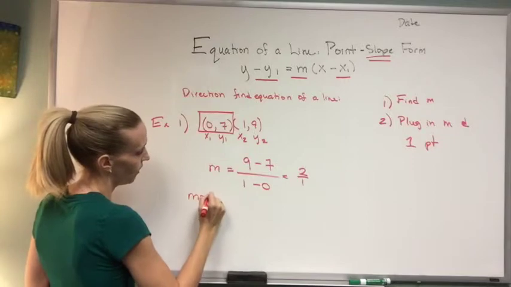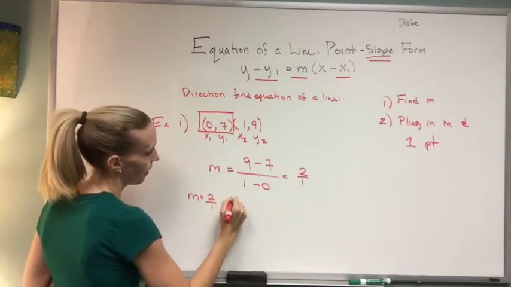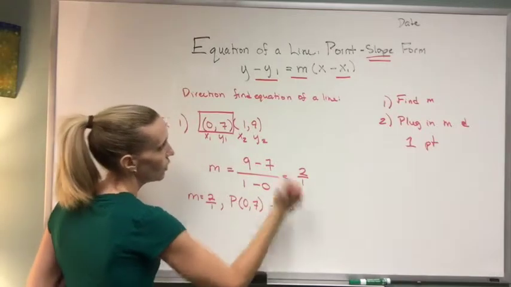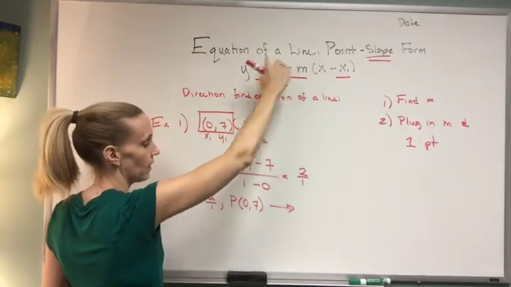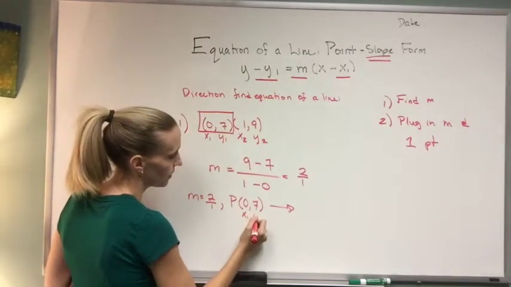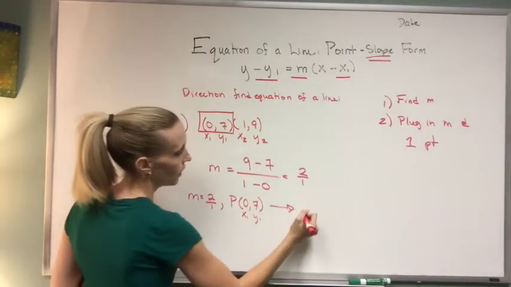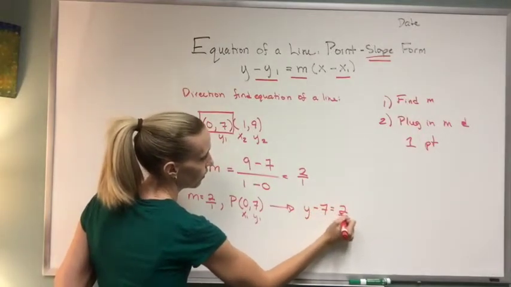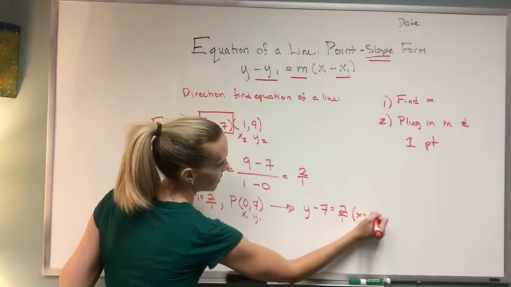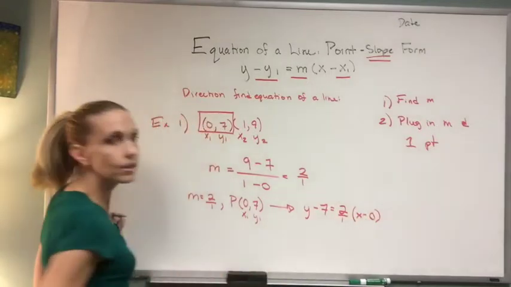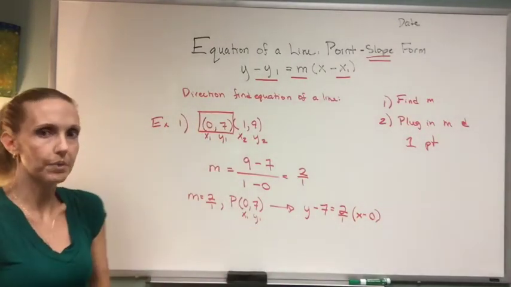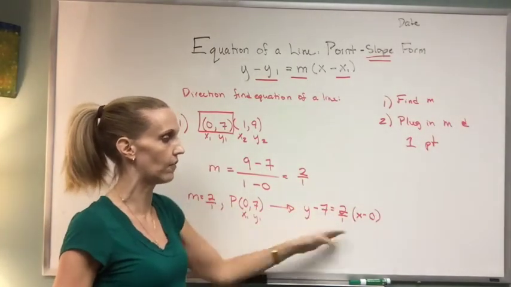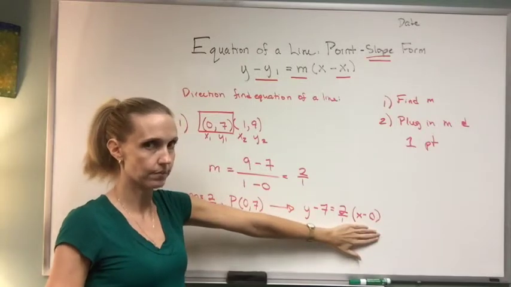So I have a slope of 2 over 1, and my point is 0, 7. So I'm going to plug that in to my equation of a line. I'm going to relabel this as x1, y1. So I get y minus 7 equals 2 over 1, x minus 0. And yes, we could simplify because we know x minus 0 is simply x, but this truly shows that the coordinate point is 0, 7. So we like to leave it this way.